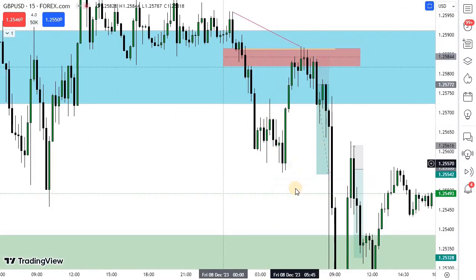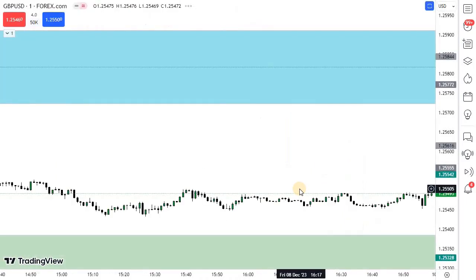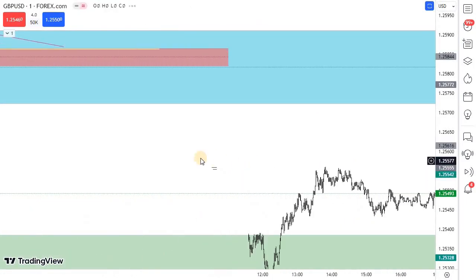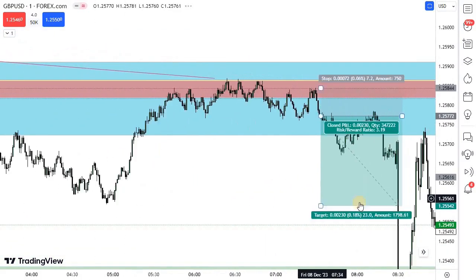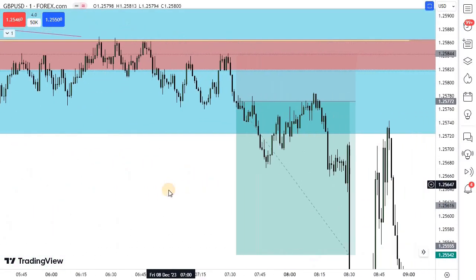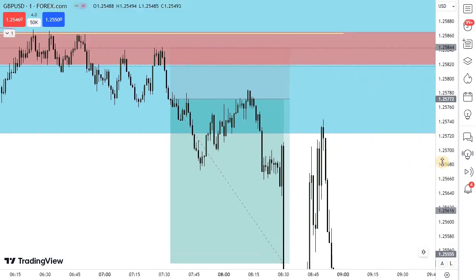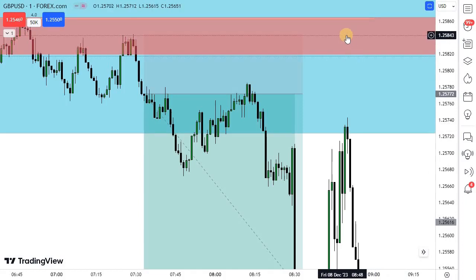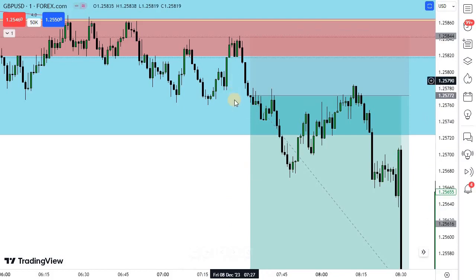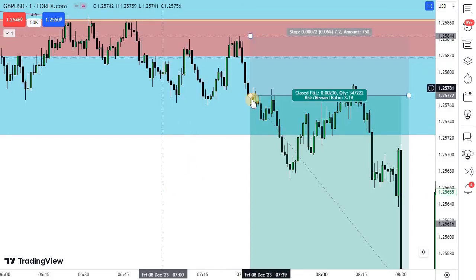I saw that, and then I went to my 1 minute time frame. On the 1 minute time frame, you could see price respecting this 1 hour fair value gap consequent encroachment perfectly here, and then broke lower with this aggressive move down. What was the time? 7:30, on the New York kill zone, 7 to 9 a.m. From here the New York kill zone starts.